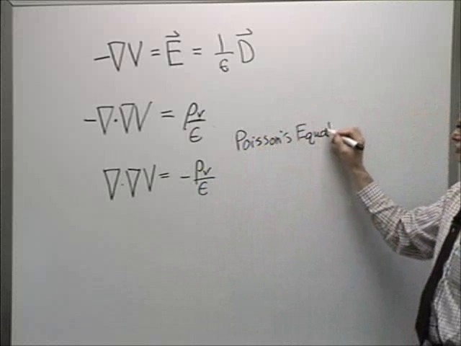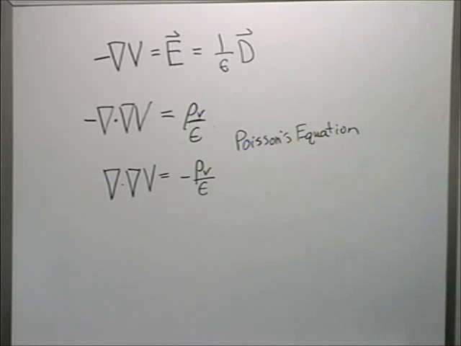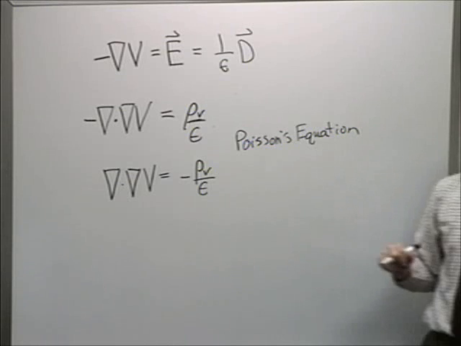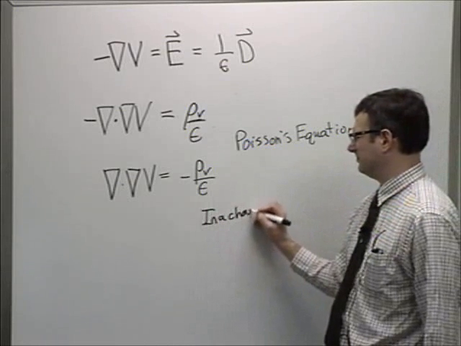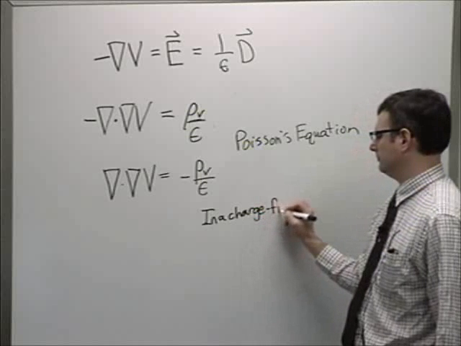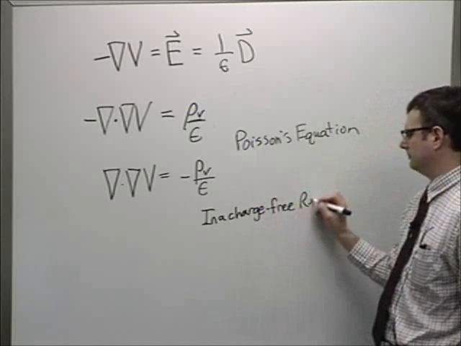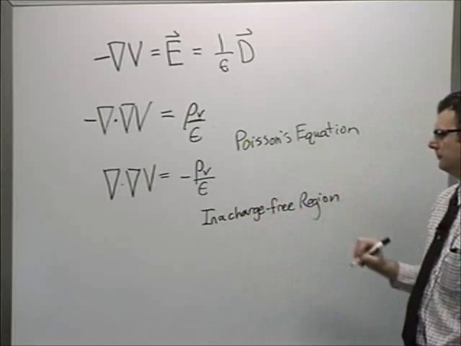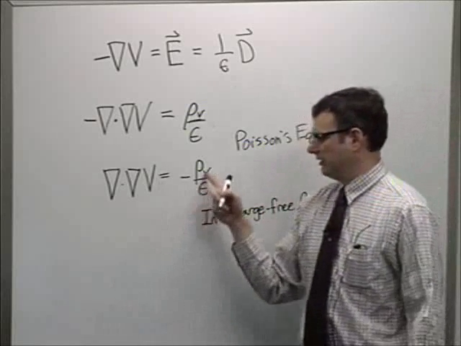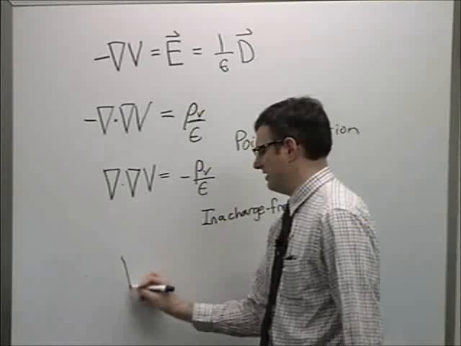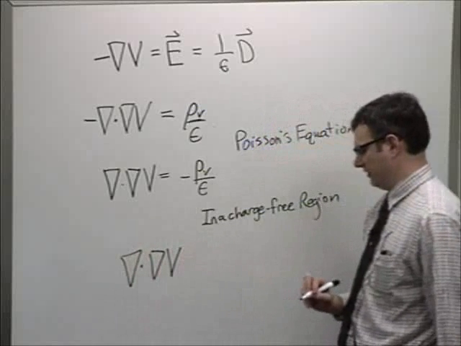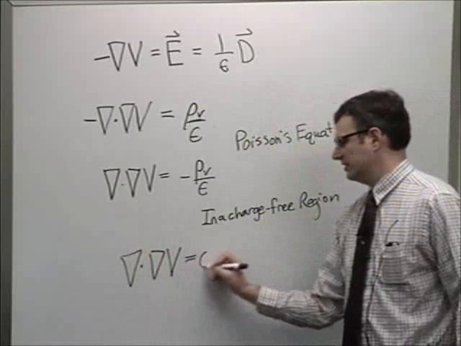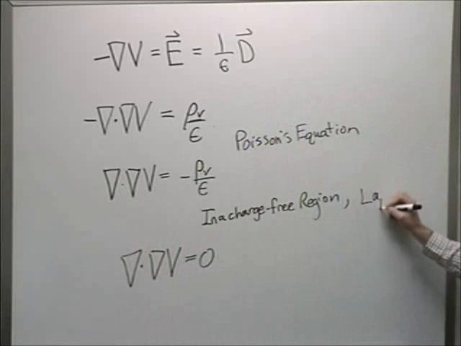It's actually just a rearranging of stuff you already know. And in a charge-free region, this is 0. So we say that the divergence of the gradient of V is equal to 0. When it's in this form, we call it Laplace's equation.